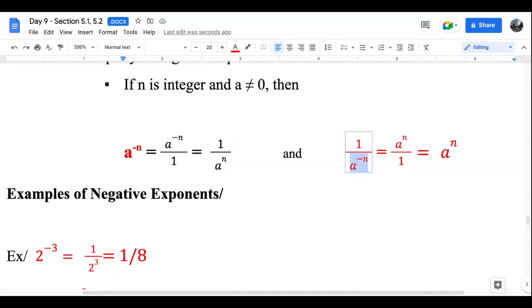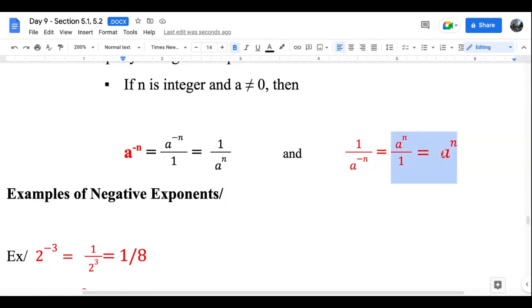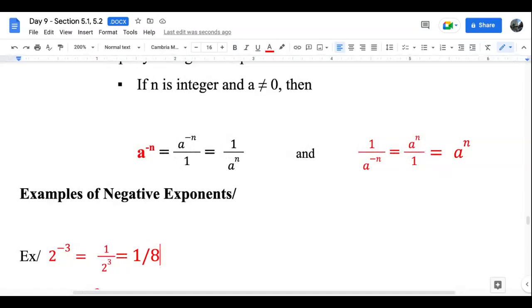But if the negative exponent is in the denominator, 1 over a to the negative n becomes a to the nth power. So if the negative exponent is in the denominator, we flip it to the numerator and it becomes a positive exponent.